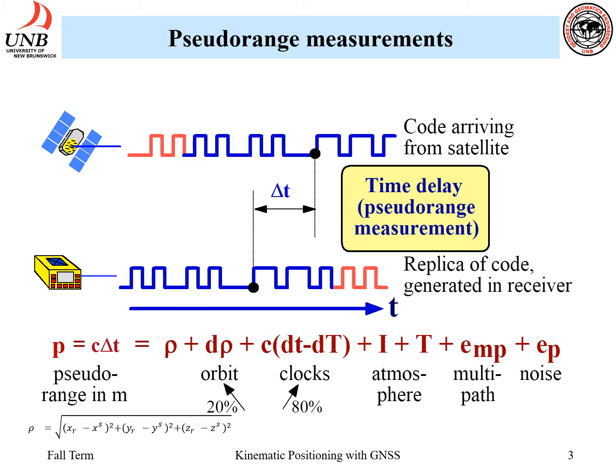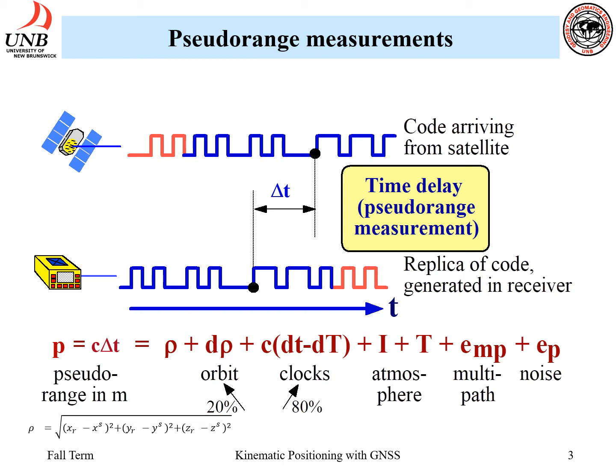This measurement of the distance between satellite and receiver contains several different terms as represented in the right-hand side of the equation. The term ρ represents the geometric distance between satellite and receiver and is essentially given by Pythagoras. The term dρ represents the error in the orbit of the satellite.